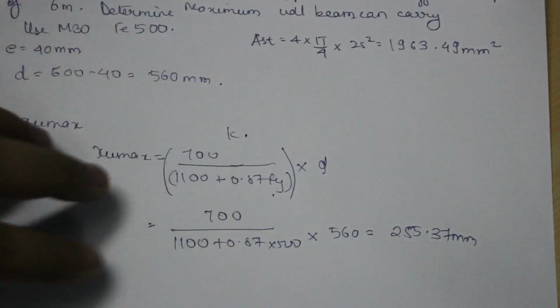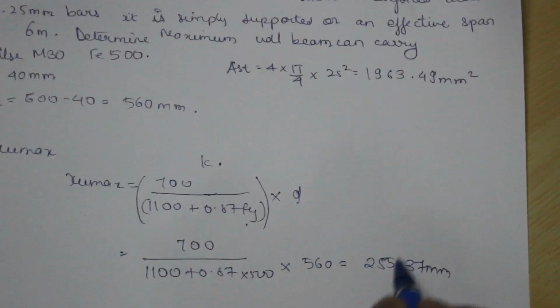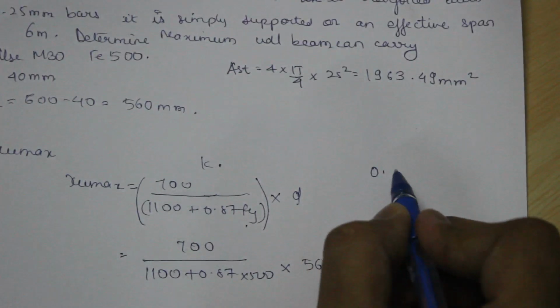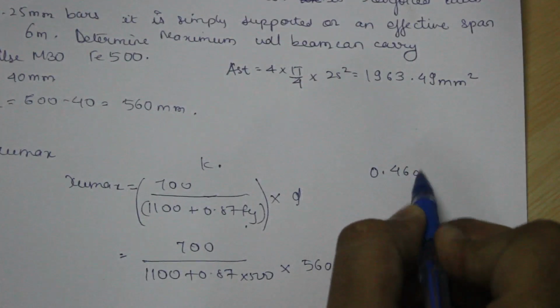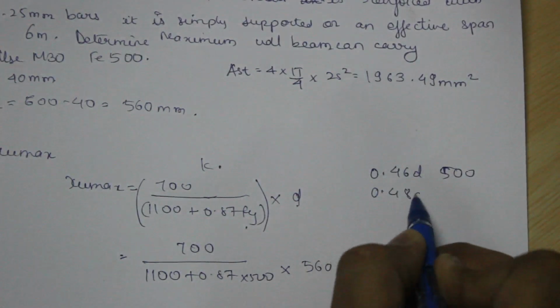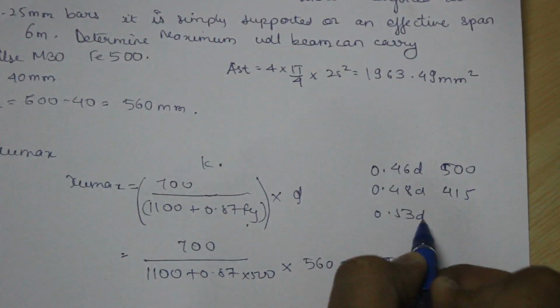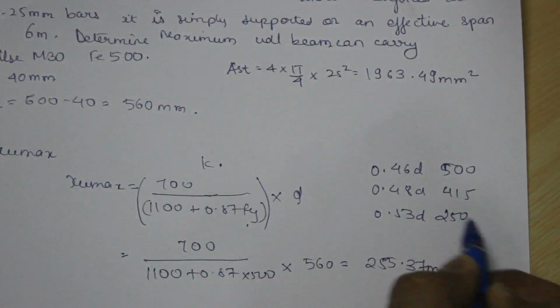If you don't want to do these calculations, you can remember some quick values, that is 0.46 D for Fe 500, 0.48 D for Fe 415 and 0.53 D for Fe 250.